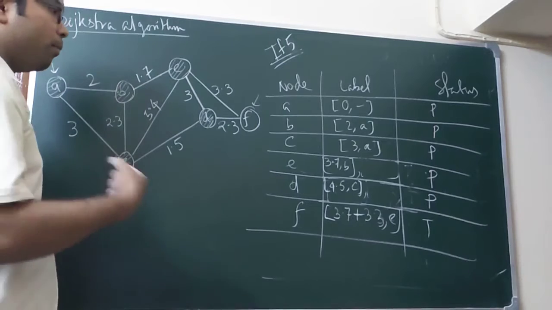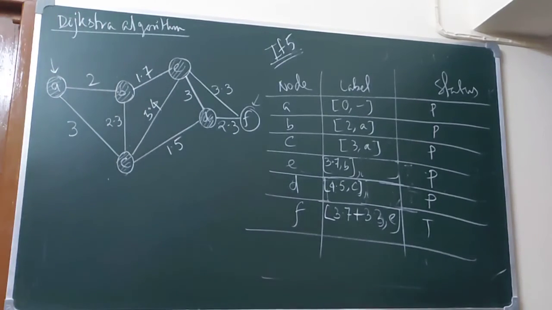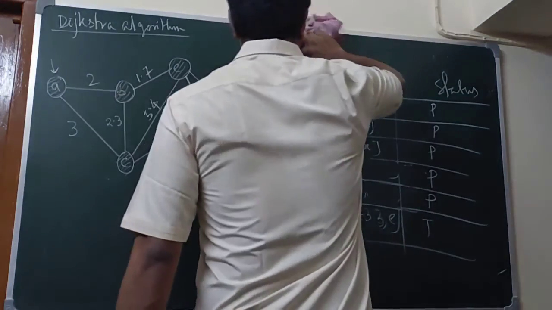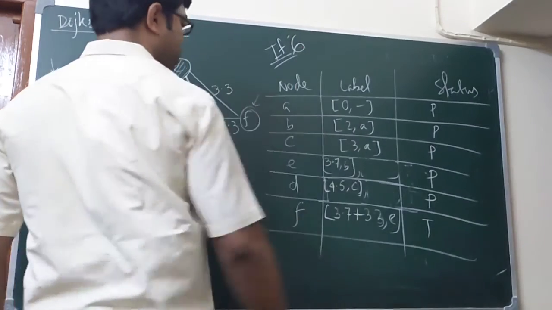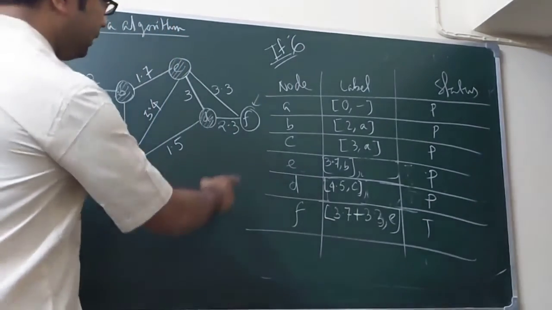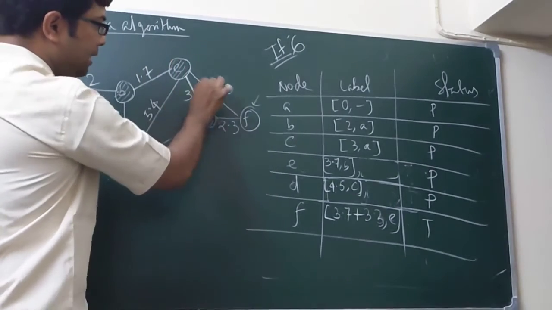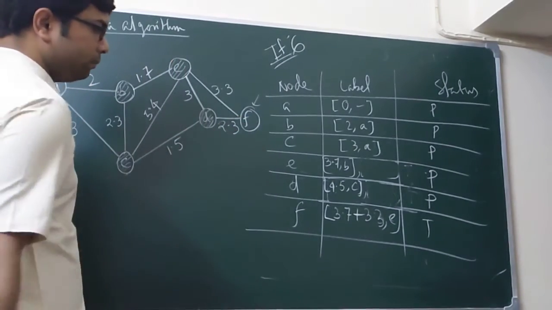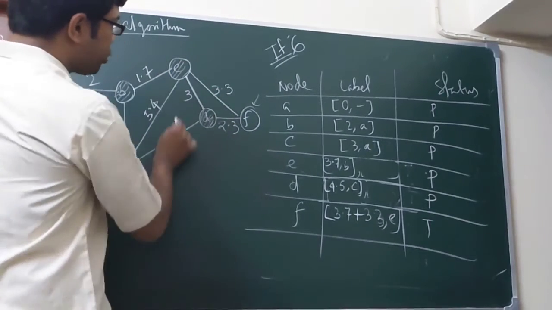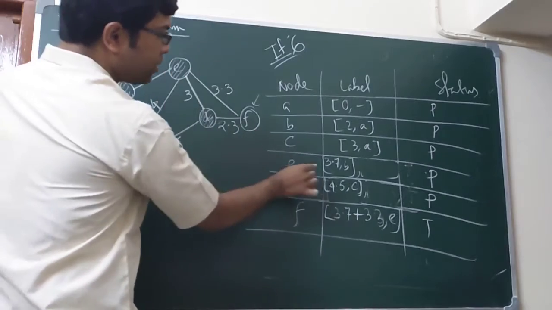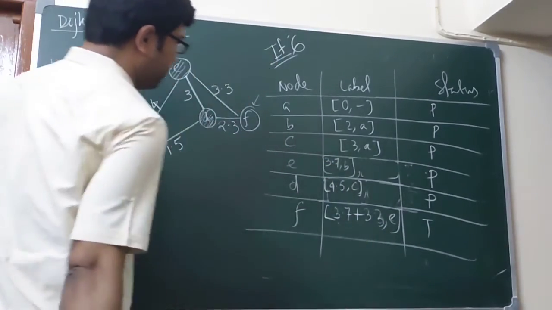Next, we move to the last iteration, iteration 6, because F is the last node. This last node can be reached either via E or via D. If we take the path via E, the cost will be 3.7 plus 3.3.